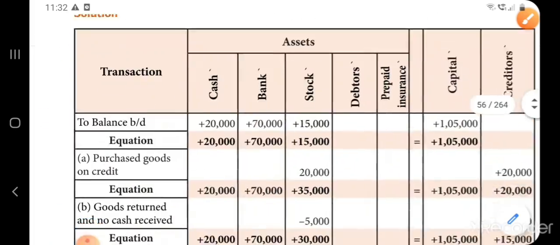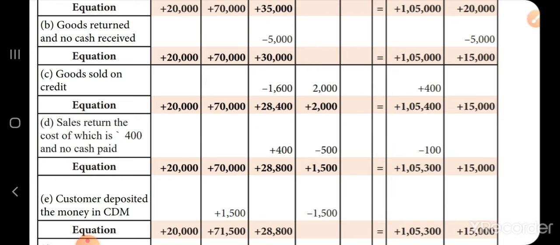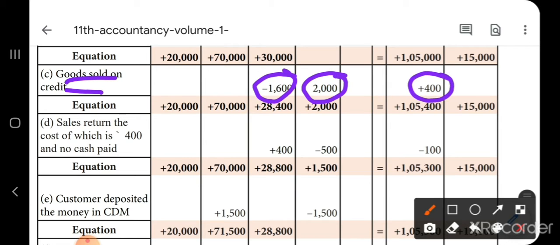Now look at the transaction here. Goods sold on credit: minus 1,600 in stock, plus 2,000 in debtors, and plus 400 in your capital.